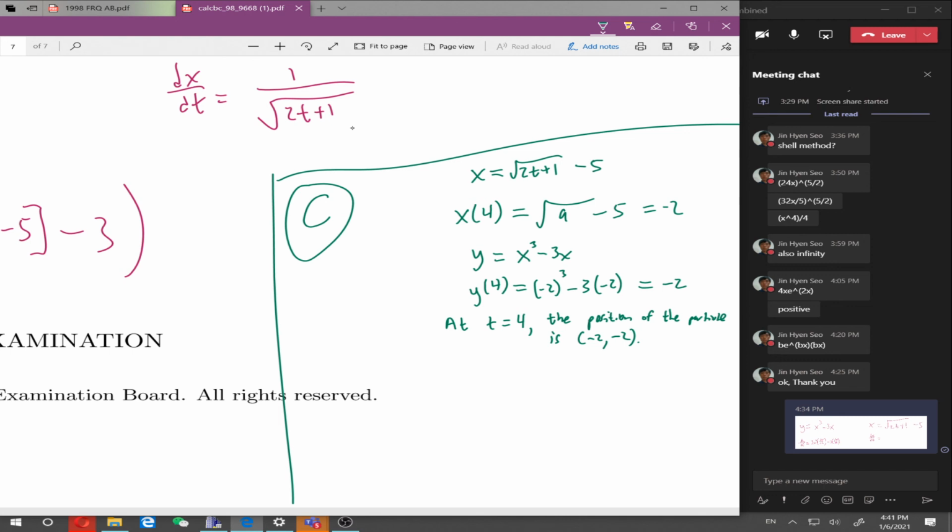Use the derivative of x and y. What would my equation look like? I need dx over dt and dy over dt, but once you've got them, how do you get the speed?